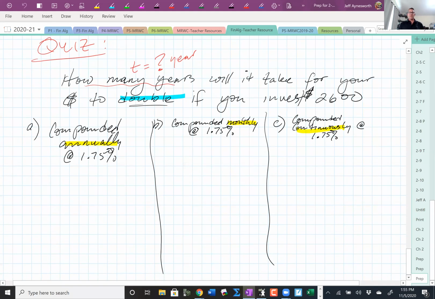So the question is in how many years will it take for your money to double if you invest $2,600? That's your principal. And if you do it compounded annually in part A, compounding monthly in part B, and compounding continuously in part C.